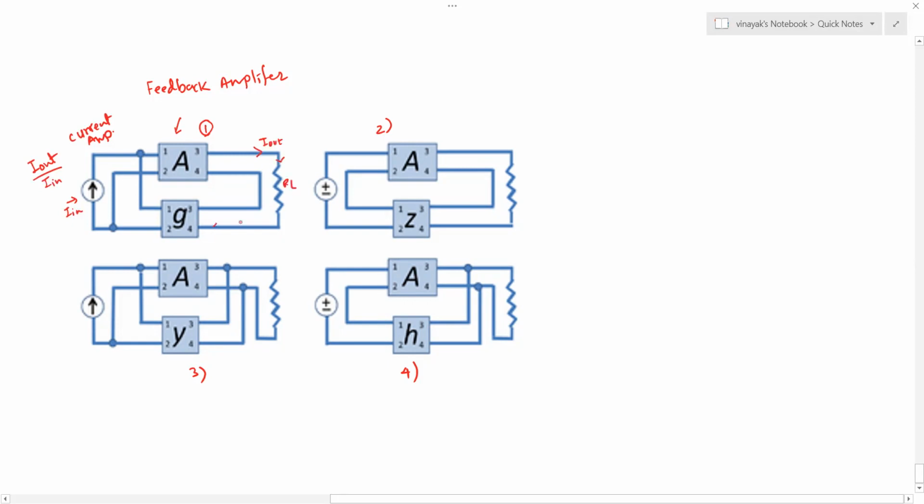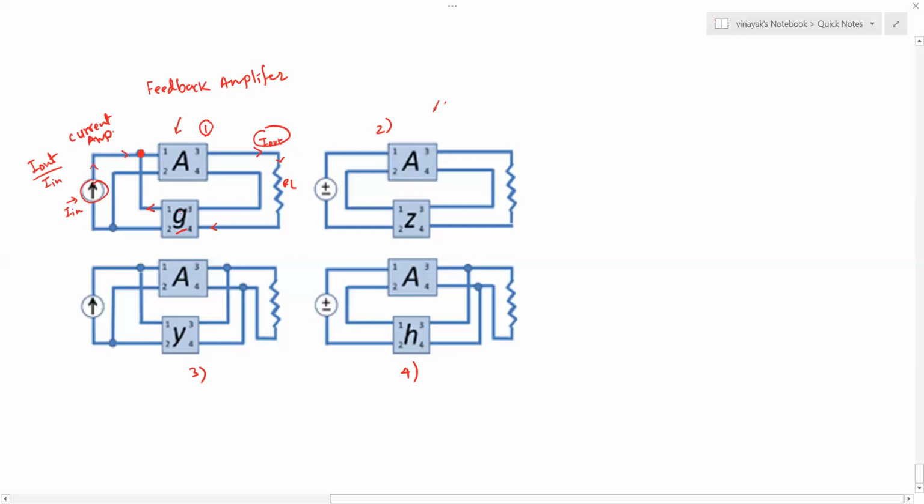That current is applied to this feedback network indicated by letter G, and the output of this feedback network is a current that is then summed with the input current at this node. So it's a kind of current amplifier where the output quantity is current and the input quantity is also current. That's a 2-port network configuration.